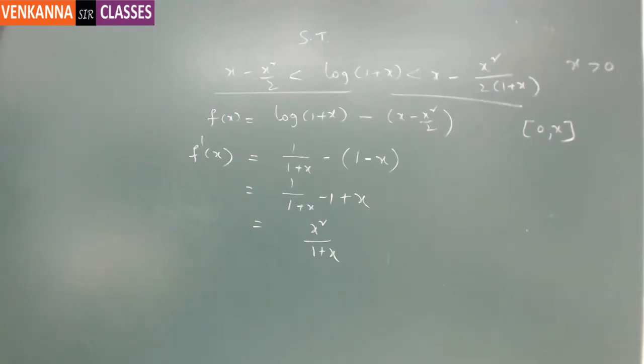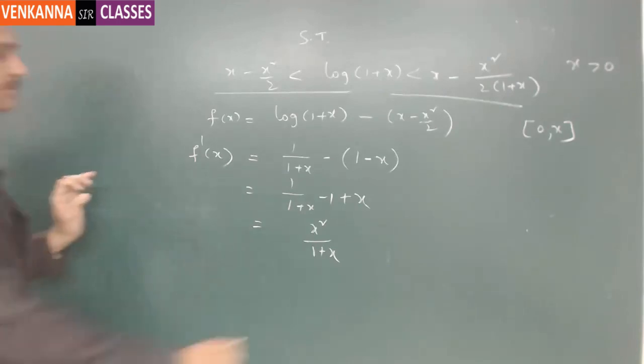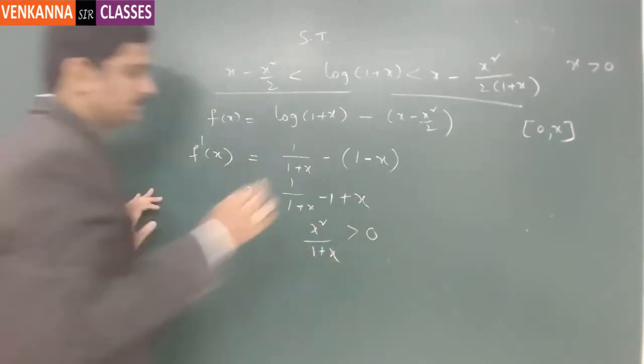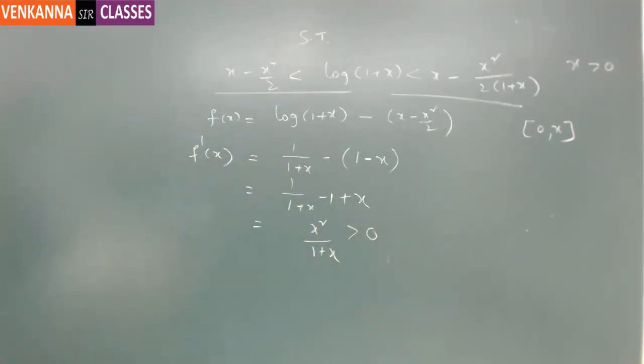Can you check on that? Since you are taking x as positive, the result is positive. Since the derivative is greater than 0, we can say that it is an increasing function.